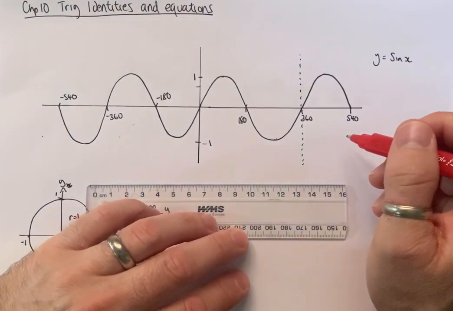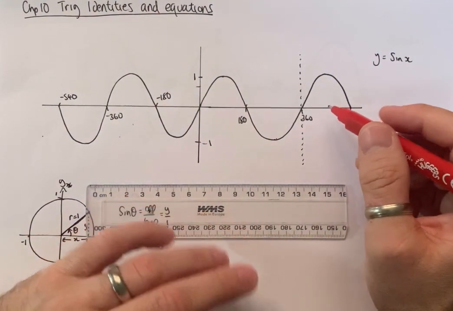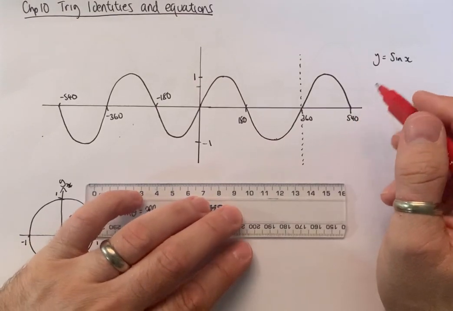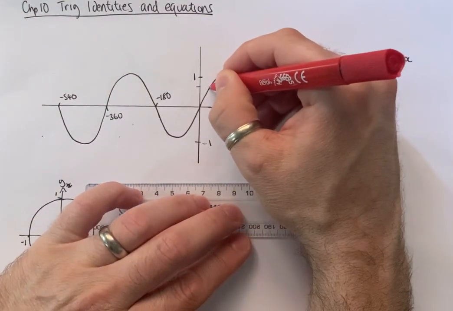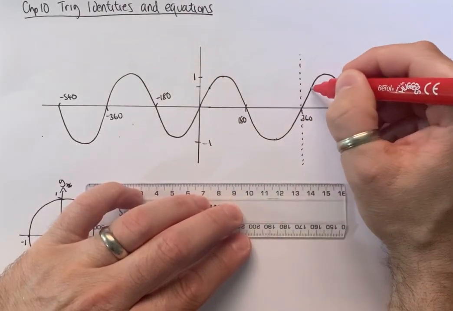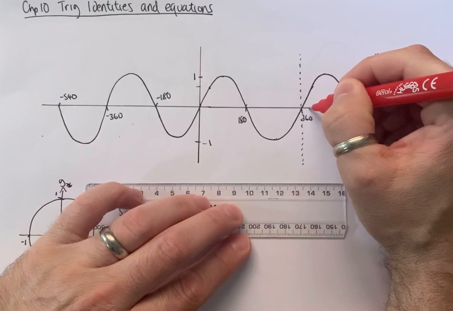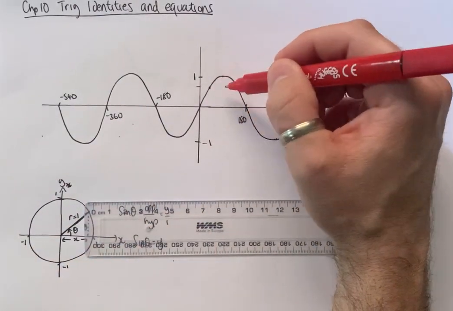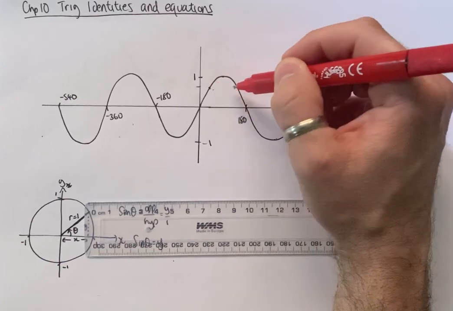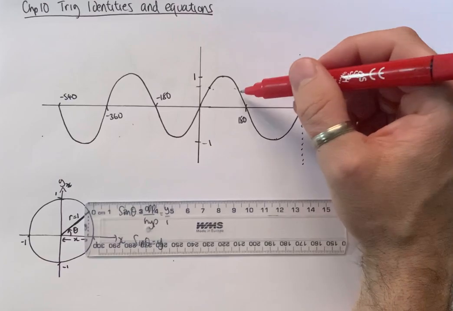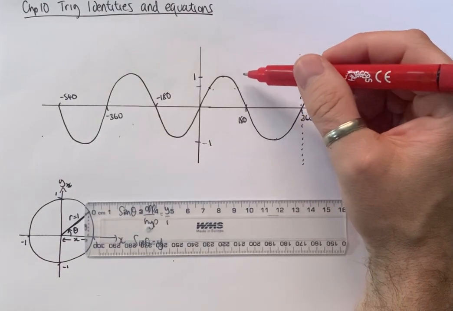And then because it's got a period of 360 degrees, every 360 degrees those angles are repeated. So say, for example, if this is 20 degrees, that's going to be repeated over here, 20 degrees in from 360, so 380. So once you've found two angles in a period, you can work out an infinite number of angles with the same y value simply by adding and subtracting multiples of 360.